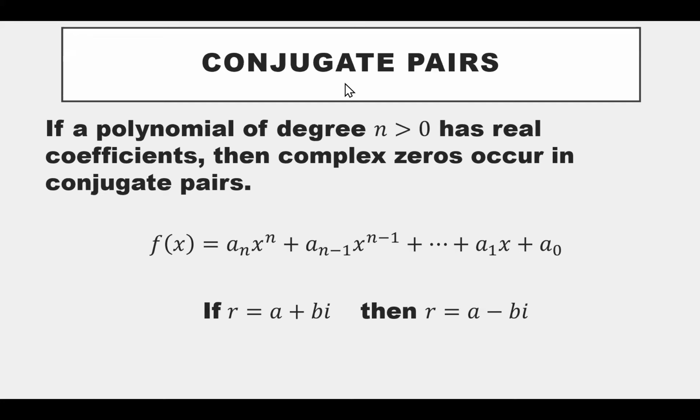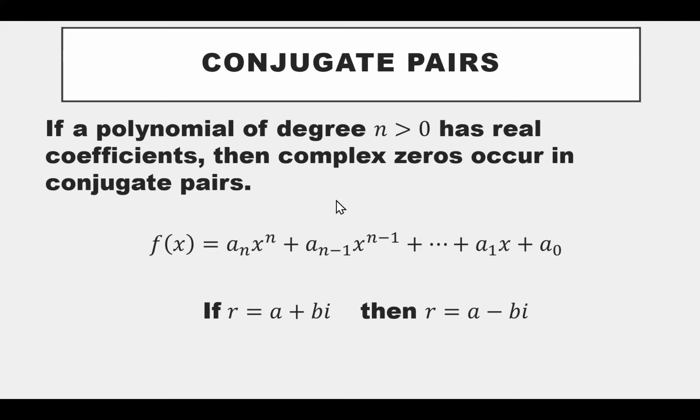So let's talk about conjugate pairs and complex zeros. It turns out if we have a polynomial of degree n with real coefficients, then the complex zeros are going to have to occur in conjugate pairs. The reason that they have to occur in conjugate pairs is that when you multiply things out, if the complex numbers don't occur in conjugate pairs, then we're going to get some complex and imaginary coefficients.